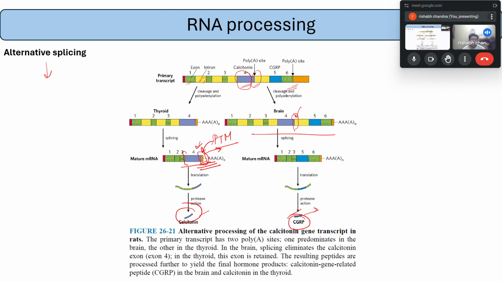So what will happen now here? The polyA proteins cannot recognize this, and this will not lead to the cleavage of the mRNA here. Now the mRNA will be cleaved here. So these things are linked to the post-transcriptional modifications.